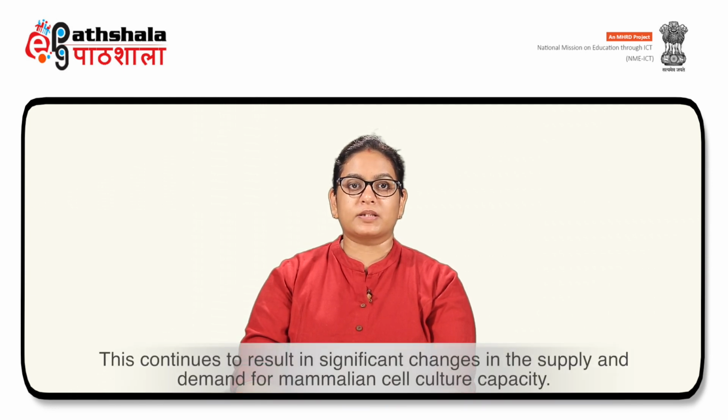This continues to result in significant changes in the supply and demand for mammalian cell culture capacity. New trends would be dispensed in the coming years which will enhance the growth, availability and utilization of biopharmaceutical manufacturing.